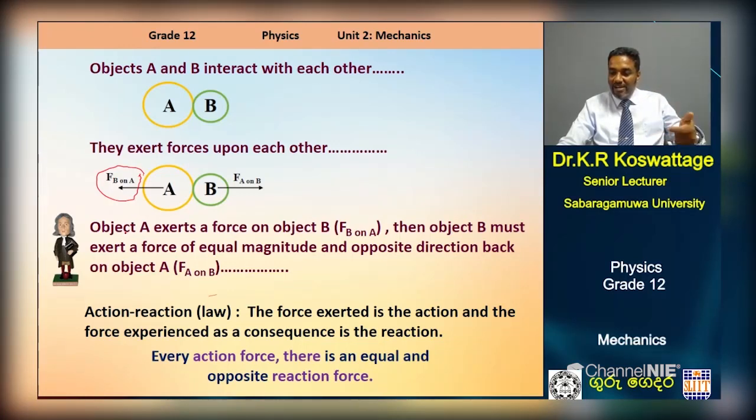The magnitude, the size, of the force on the first object is equal to the size of the force on the second object. These forces are equal in size, and the direction of the force on the first object is opposite to the direction of the force on the second object.